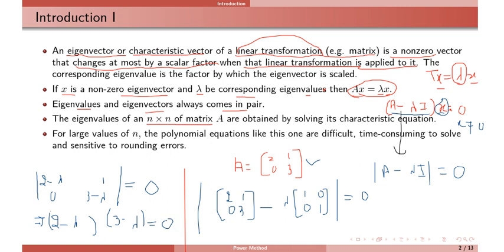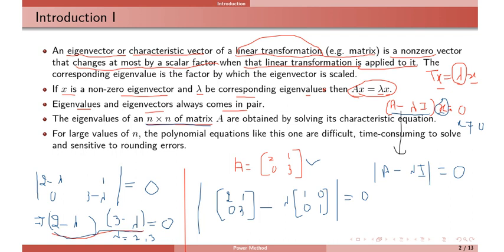So from here you get lambda equal to 2 and 3. This was the simplest case. This is a quadratic equation in lambda, and if you have a matrix of order 3, then you will get 3 eigenvalues and a cubic in lambda.